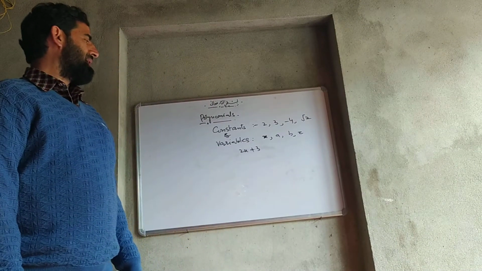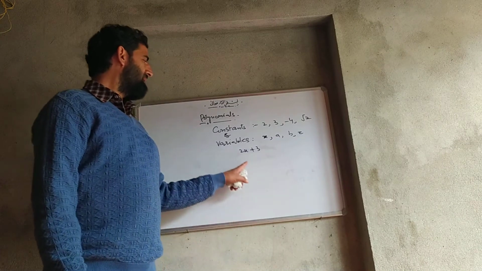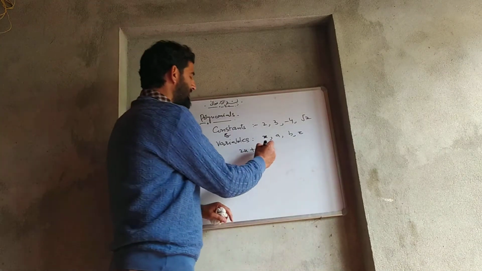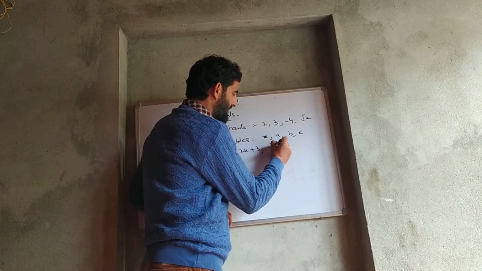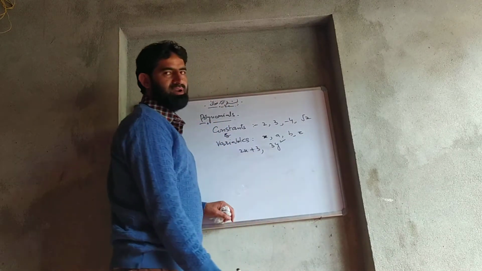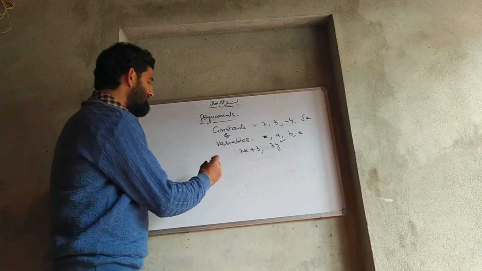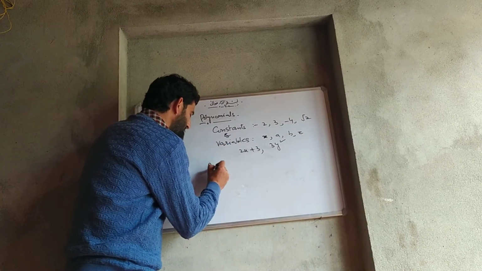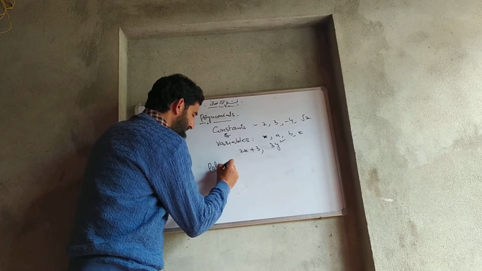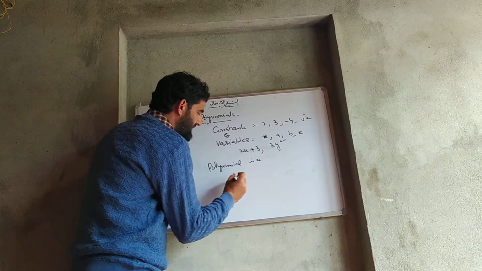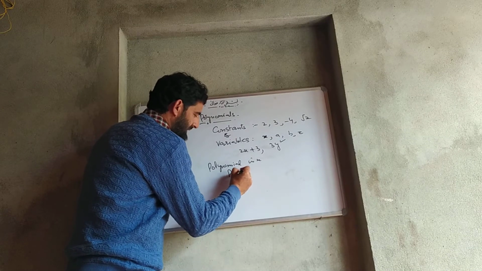Suppose we write 2x plus 3. This is a polynomial of two terms. And suppose 3y, this is another polynomial. Some polynomials, suppose a polynomial in x, we write as p of x.